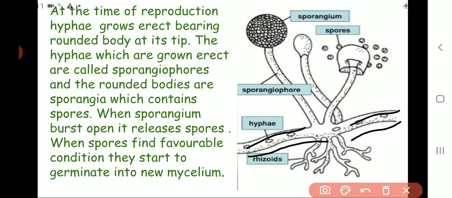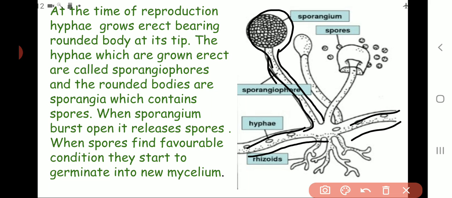At the time of reproduction, this hyphae is going to grow erect, having the round body. And that round body is called sporangium. Keep in mind, children, the erect growth of hyphae is called sporangiophore, which has the rounded structure at the tip, and that rounded structure is called what?